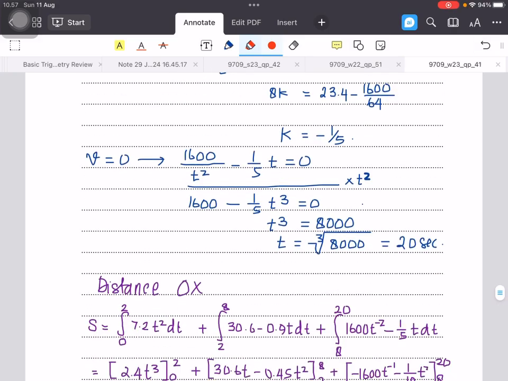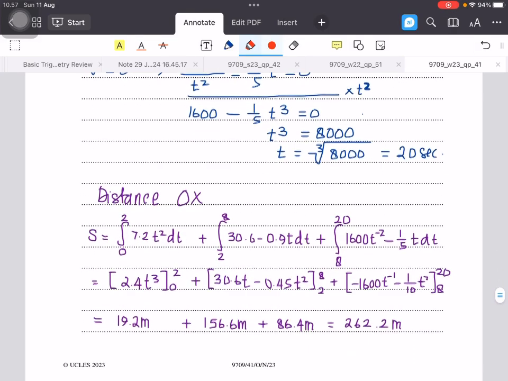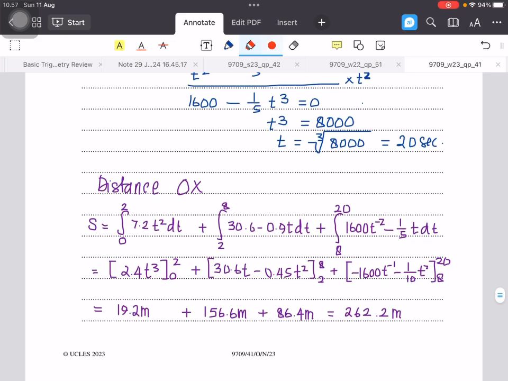Now the distance OX, we need to find the total distance. Here we have 3 stages of motion. The first stage is from 0 to 2. We can use integration of 7.2 t squared dt from t equals 0 up to t equals 2.